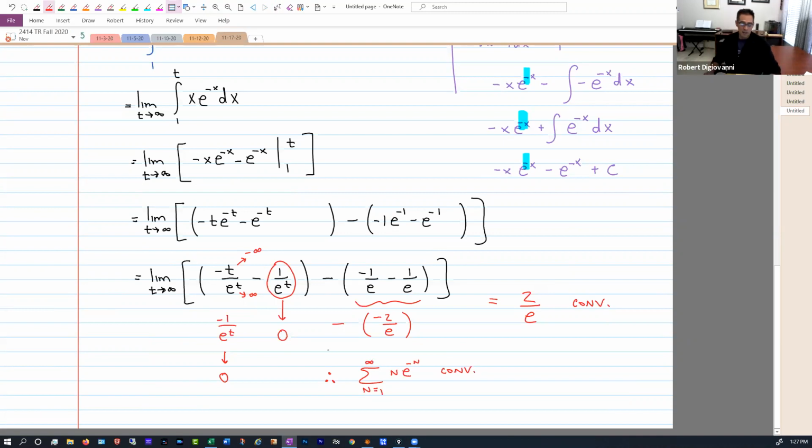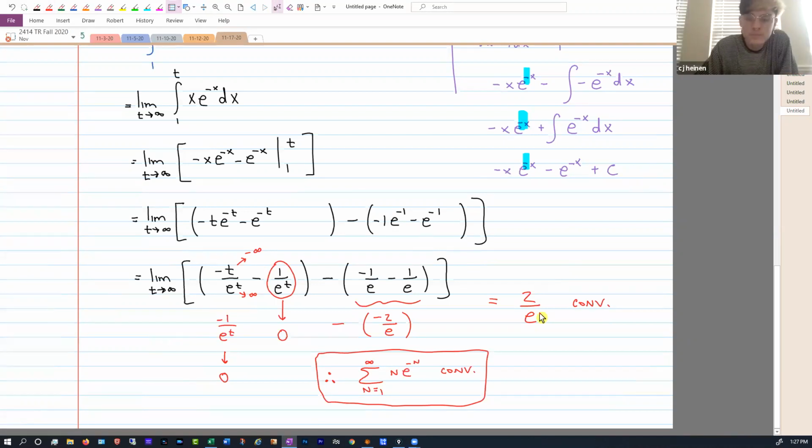Now I'll ask you, does the series converge to 2 over e? No. The series converges. That's all I know. I don't know what it converges to, though. I just know it converges. I know what the integral converges to, but that's not the same thing. The integral is not the same thing as the series.